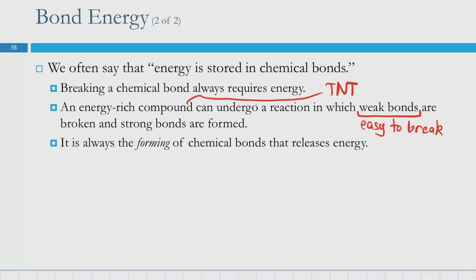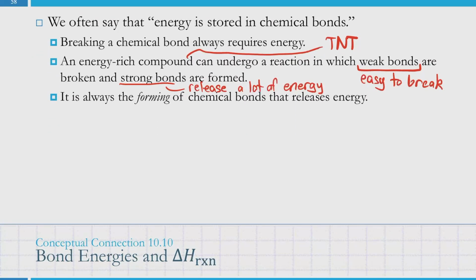So it doesn't take a lot of energy to break the bond, and then when they form bonds, they settle down a lot. They release a lot of energy. Those two things kind of happen at the same time. But it's the forming part of the chemical bonds that releases energy.